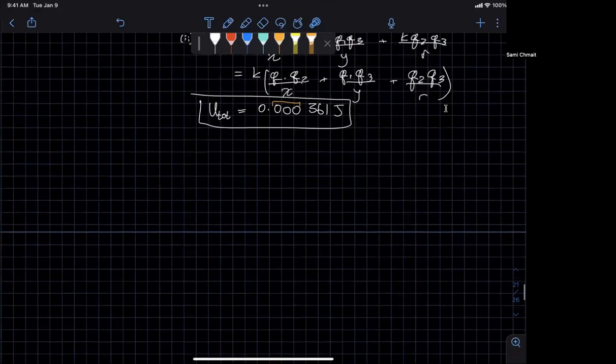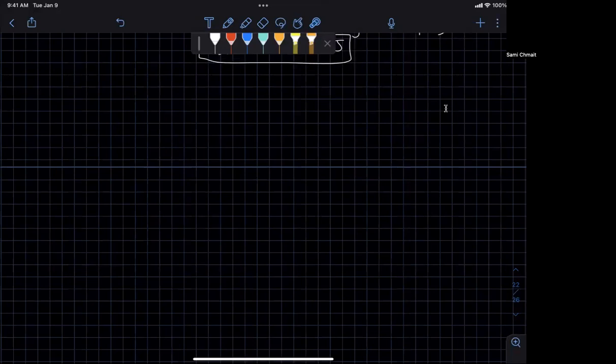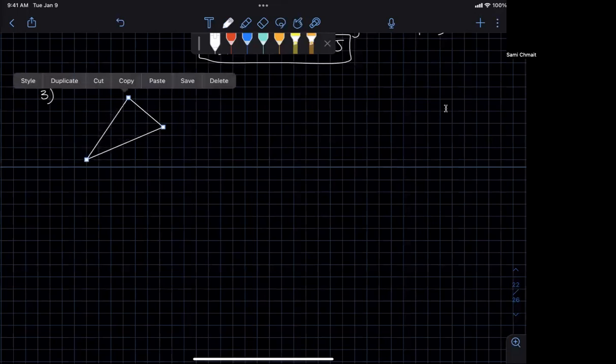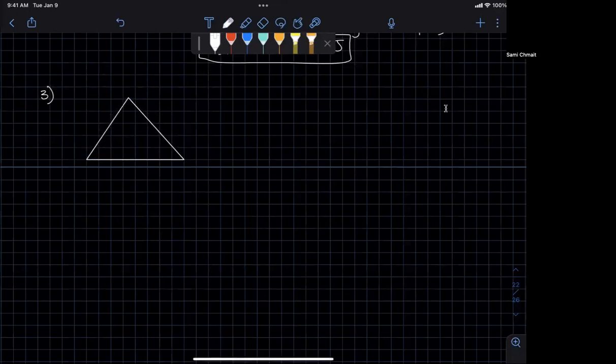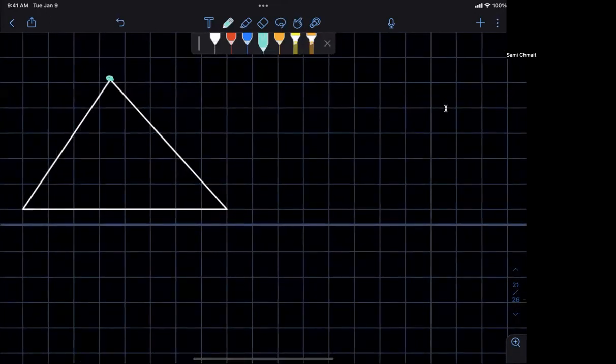So let's start off by drawing our diagram here and everything that we know, because this is an equilateral triangle. So this is Q1.